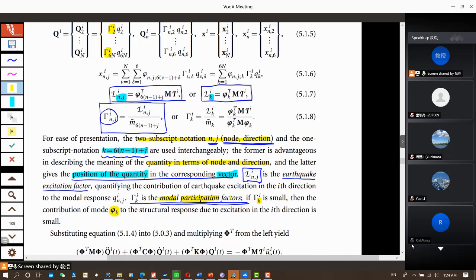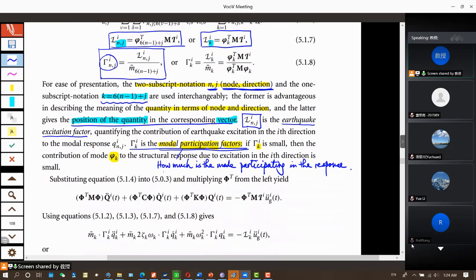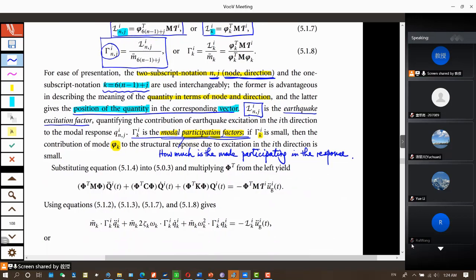Now when we apply the transformation from relative displacement to the modal displacement, we end up with this. So finally, we have a system of equations. Since we have k equal to 6n degrees of freedom, we have 6n equations, for each direction.